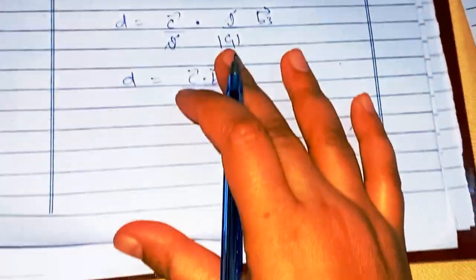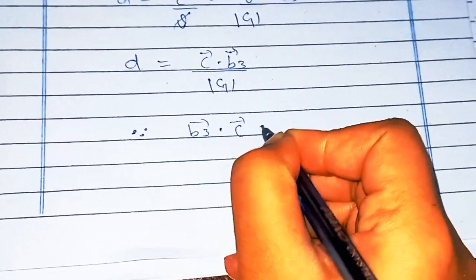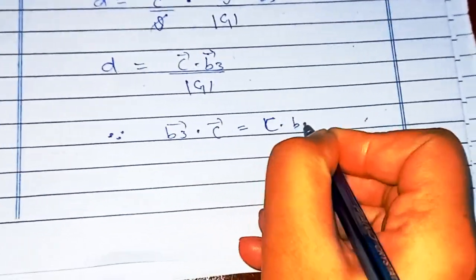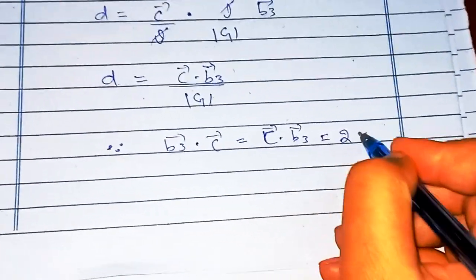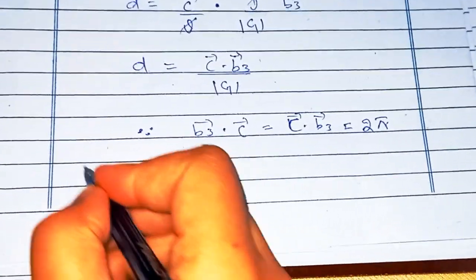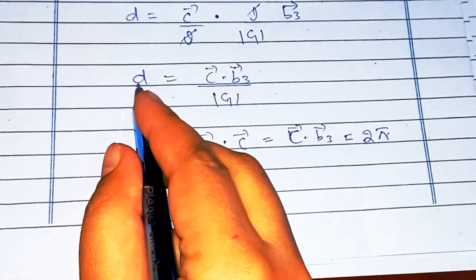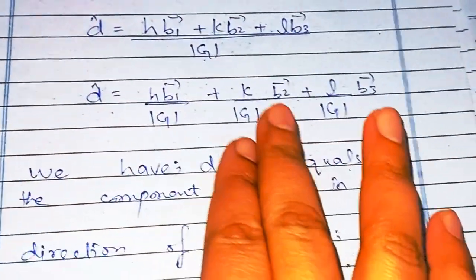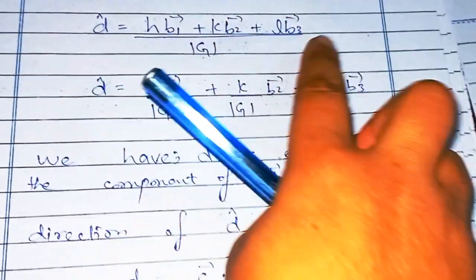And as I told you earlier, since B3 dot C is equal to C dot B3, since the scalar product is commutative, they are both equal to each other, and it is actually equal to 2 pi. All right, so let us put that in here, and we get D. This is the magnitude of interplanar spacing, and the direction is already there, you can see in this form. We can find out a particular value for it by putting the value of G magnitude in here and B1, B2 and B3.